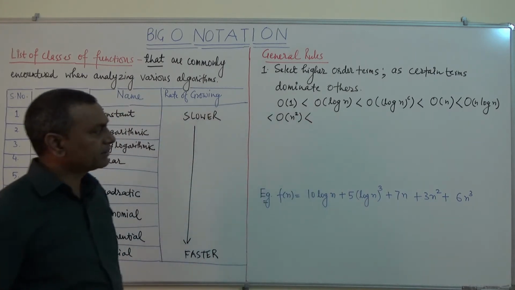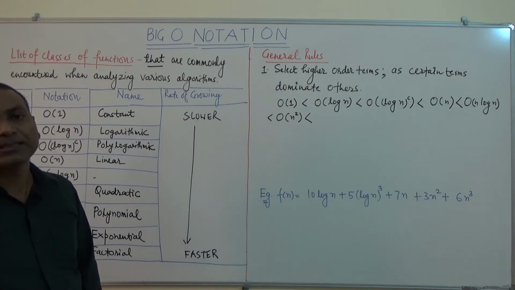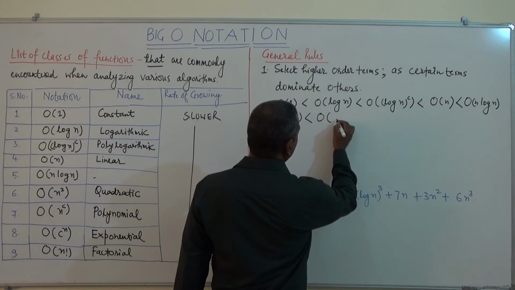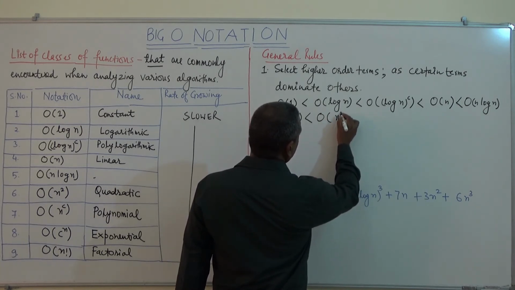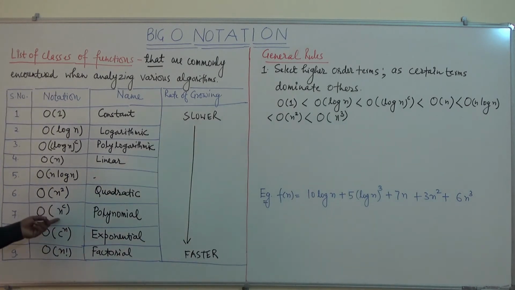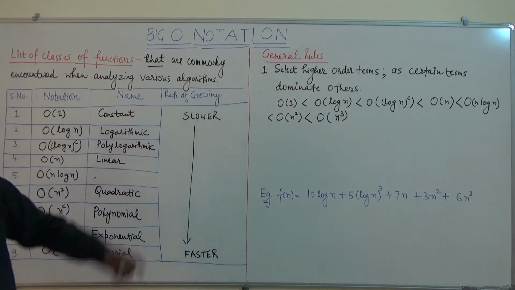This is quadratic, and then polynomial, that is to say big O of n cube. Here we are taking an example, n to the power c, so we have taken n cube.